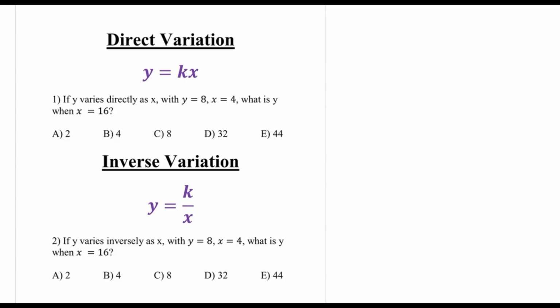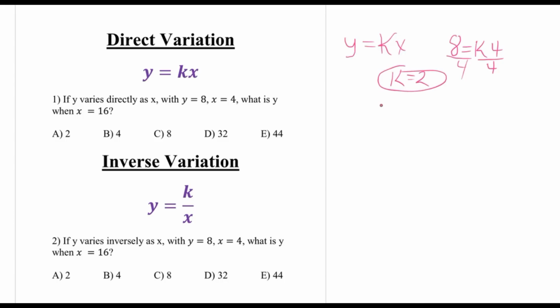Let's set up our direct variation equation. y equals kx with y equals 8, k is just k, and x is 4. So solving for k, we divide by 4, divide by 4. k equals 2. That's our constant of variation.